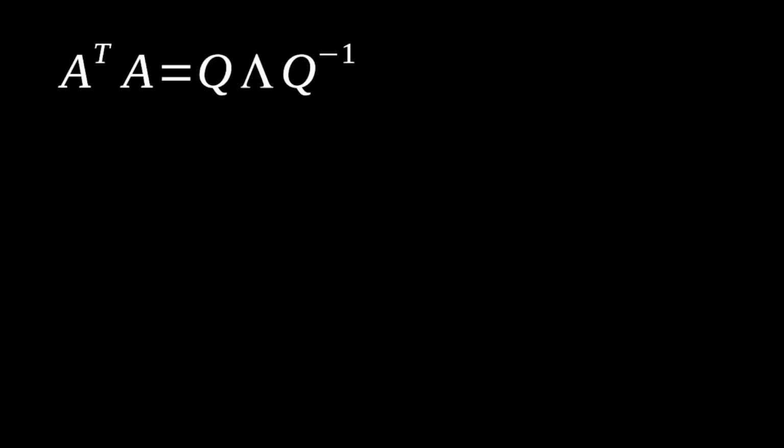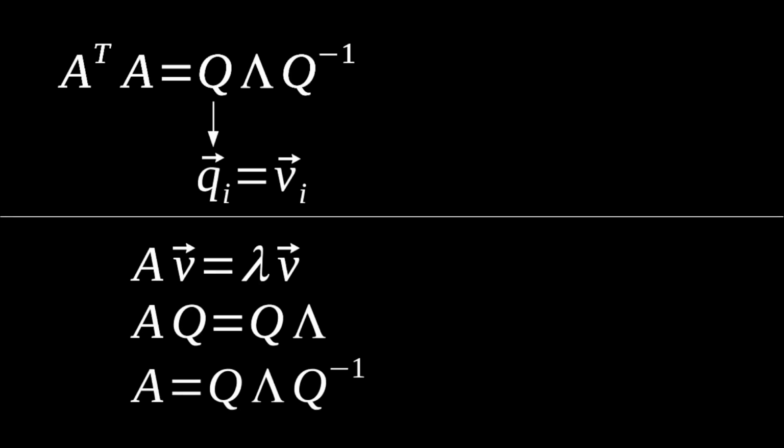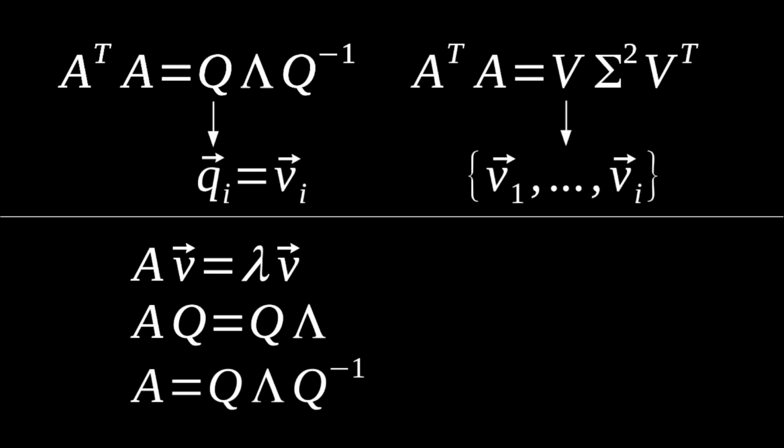So, because we have a square matrix where we can have this eigendecomposition here, where we know the eigenvalues are in that lambda matrix, and the columns of our Q matrix are just our eigenvectors, well, we can use this little bit of knowledge from our derivation of the eigendecomposition to look at what happens with a square A transpose A and the SVD, getting back that V sigma V transpose, to show that the columns of that V matrix are just going to be those same eigenvectors.